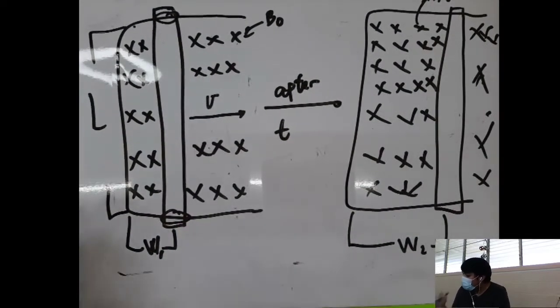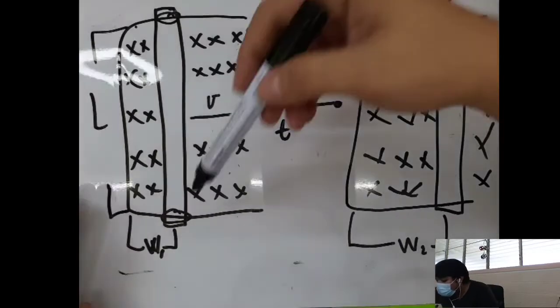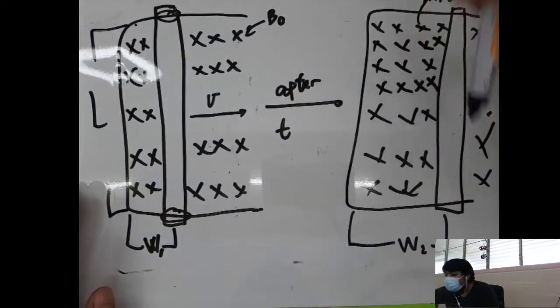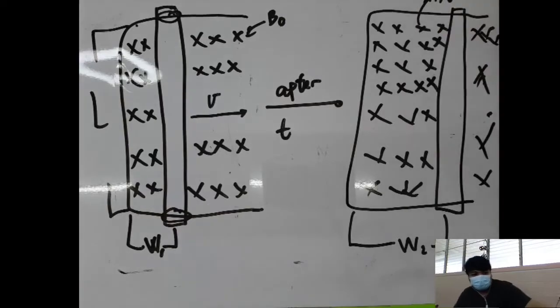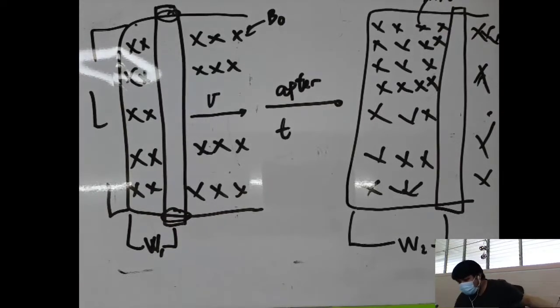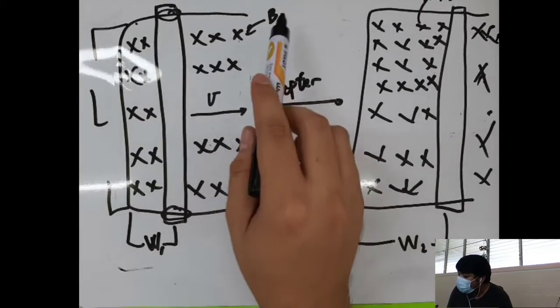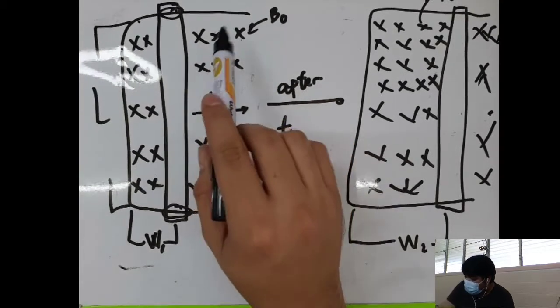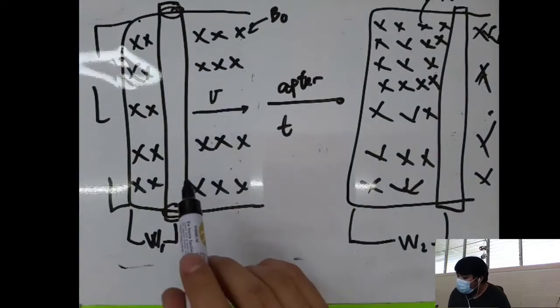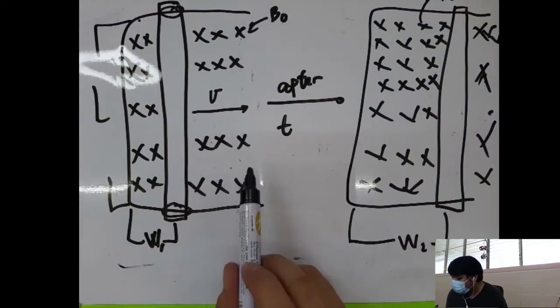Then after some time, its distance from W1 will increase to W2, right? And also, we don't forget that there is a magnetic field present here going into the page of this board.